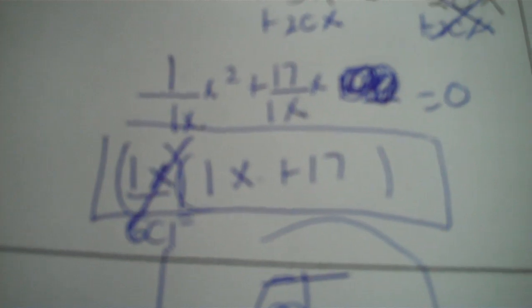Okay, now I bring the 1x out here. And then you can cross that out. Now they're both positive, so they can't be a difference of perfect squares. It has to be positive, negative for you to even consider it as a DOPS, so it can't be. You write no. So then 1x plus 17 equals 0.